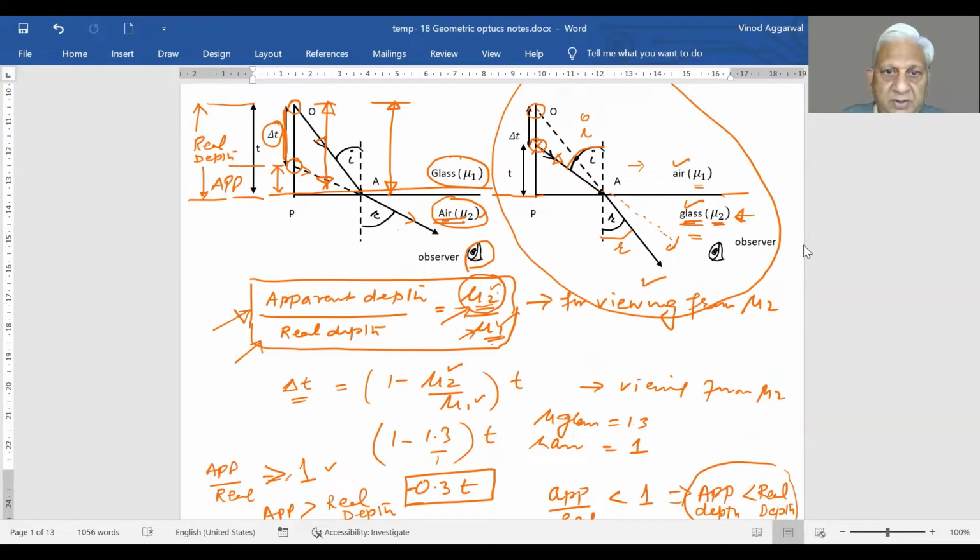It basically depends upon whether mu2 is greater or mu1 is greater. If you are viewing from a rarer medium, the object will appear closer to you. If you are looking from a denser medium, the object will look farther away from you.